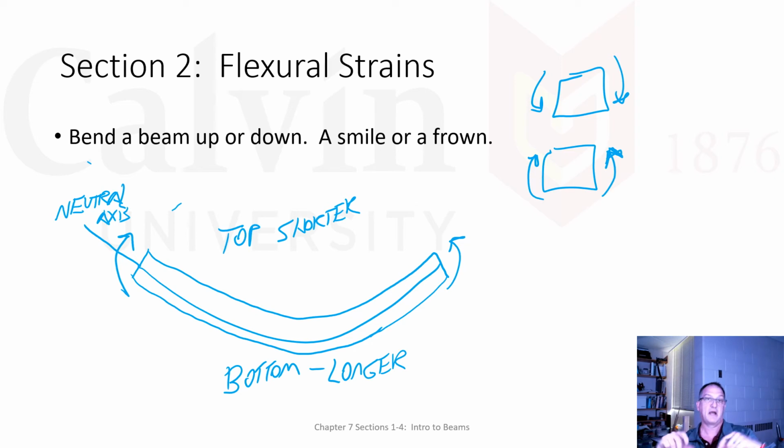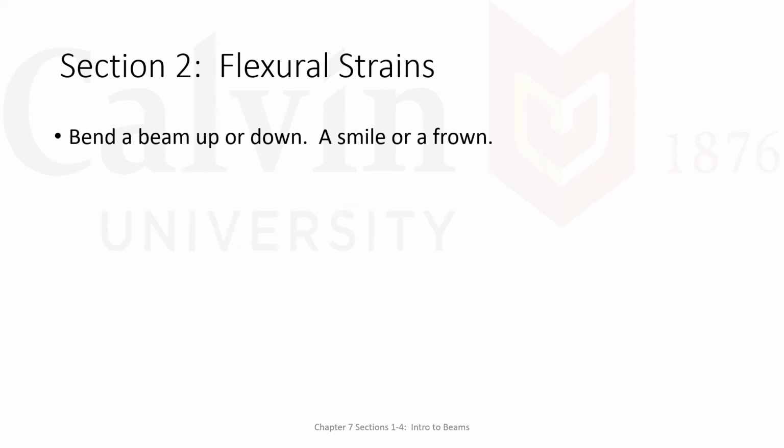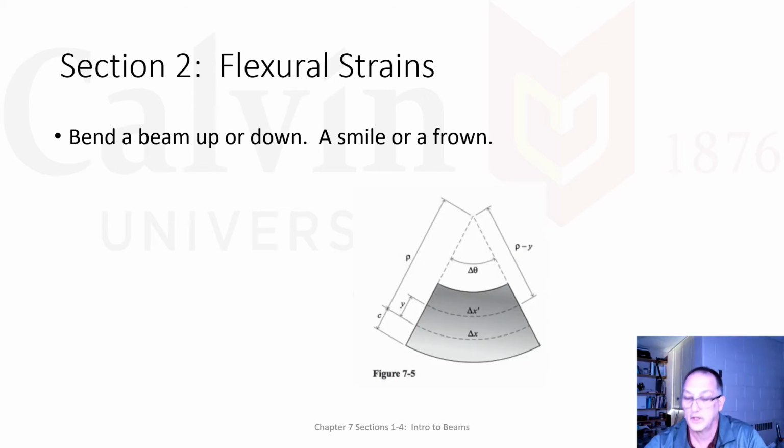That's how we define the neutral axis: it stays the original length. Now let's move forward and we'll start throwing some math at this. In order to get the math, you've got to have at least a diagram, and then we'll actually get to the math. Next slide.